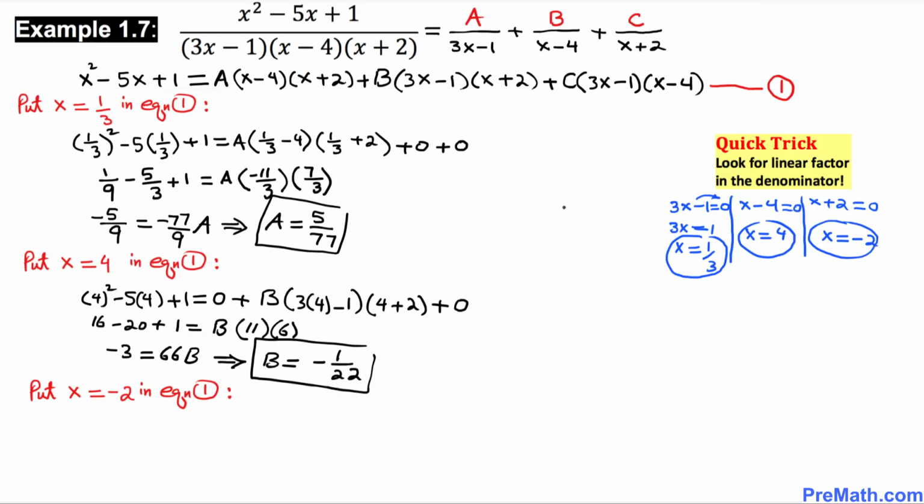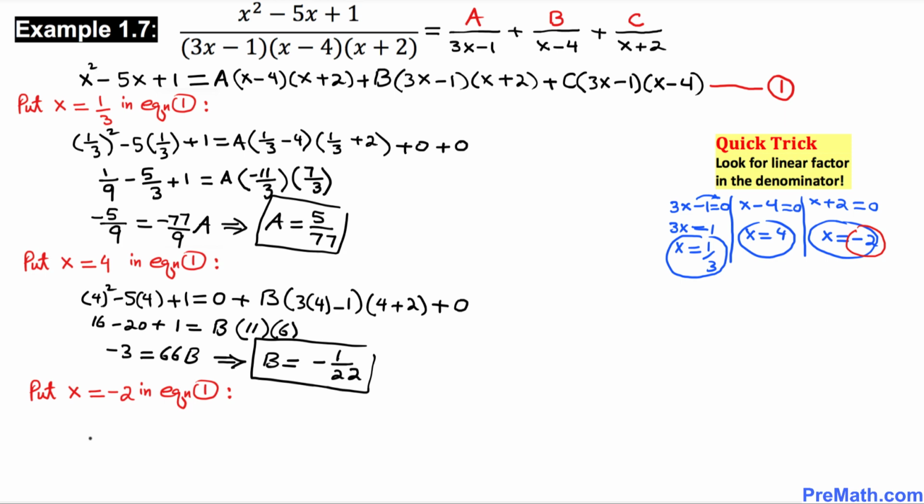And now let's look at this x equal to negative 2 value finally. And here I wrote down put x equal to negative 2 in equation 1. So that means wherever we see x, we are going to replace it by negative 2.